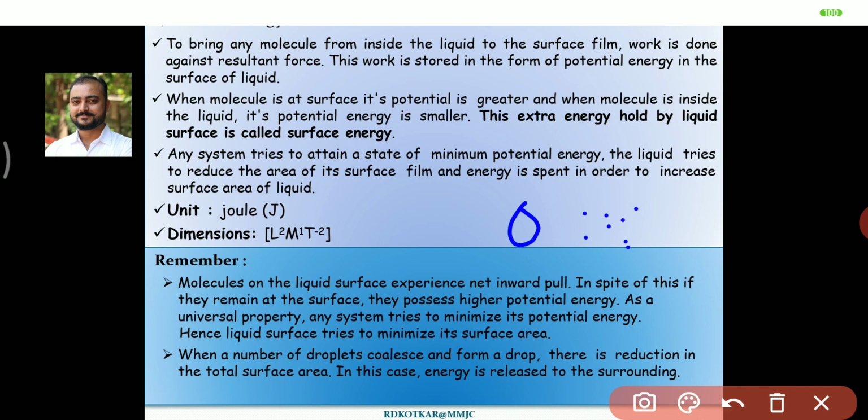Droplets collectively form a single drop. So when a number of droplets collect and form a drop, there is a reduction in total surface area.